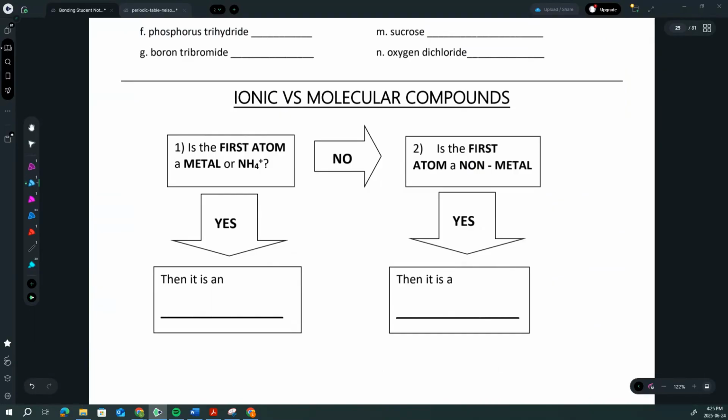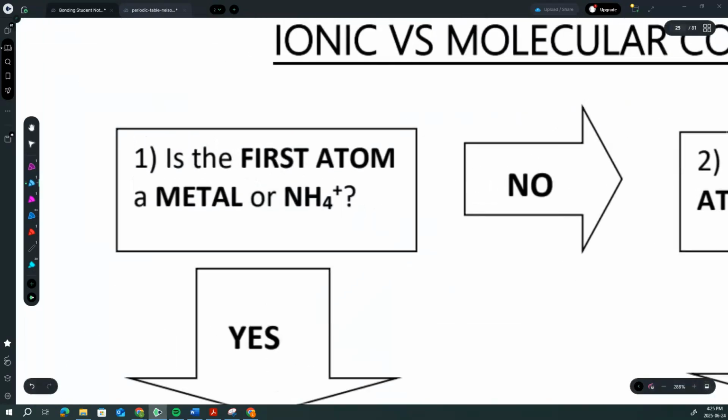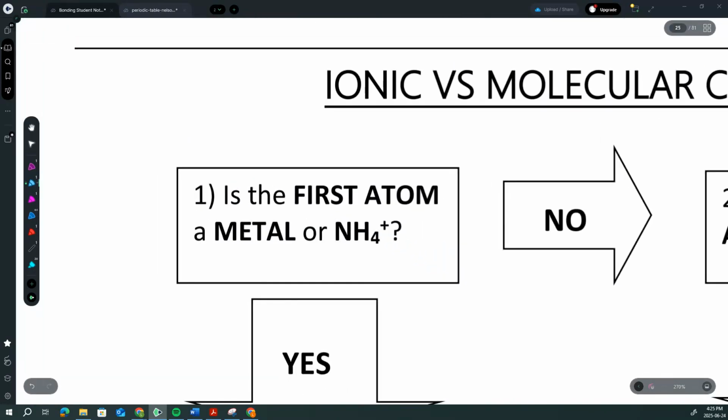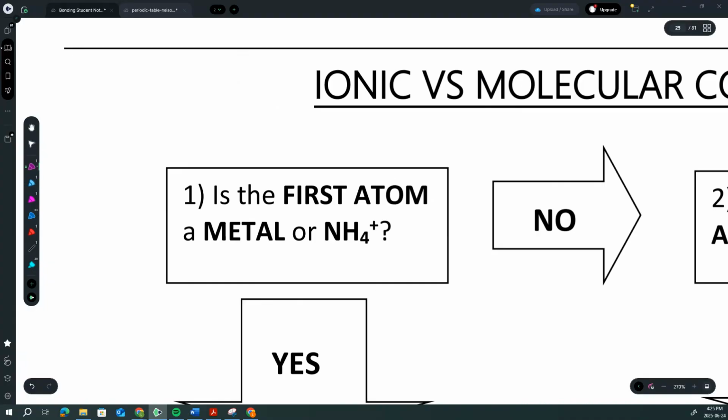All right, so as a summary, ionic versus molecular compounds. So how do you distinguish the two? So we'll start off in the top left-hand corner here. Okay, is the first atom a metal or a cation, being ammonium? So NH4 1+. So a reminder that this ion, because it is a cation, so it has a positive charge, it acts like a metal.